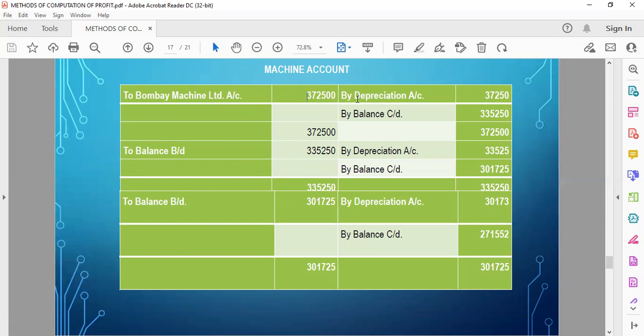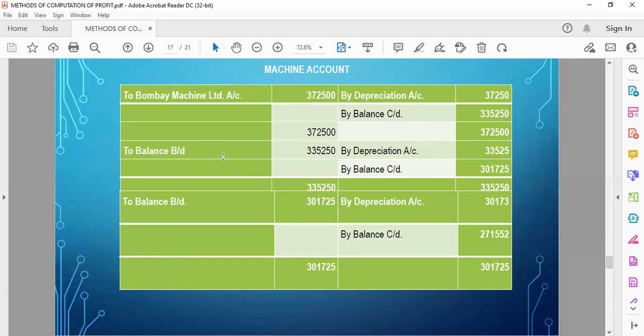The first year depreciation: 3,72,500 into 10 by 100, that is 37,250. Subtract that depreciation value from the total amount and you get the balance, 3,35,250. Put the total, and bring down that value for the next year as balance BD.